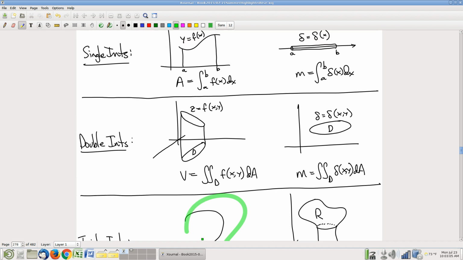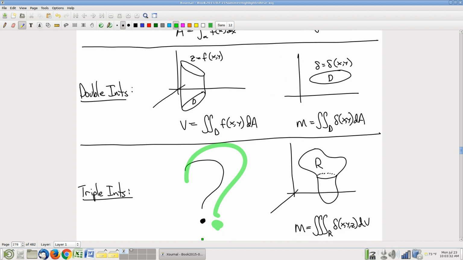Because if we're viewing single integrals with a two-dimensional picture, one-dimensional integral, two-dimensional picture, and we're viewing double integrals with a three-dimensional picture, it stands to reason that a triple integral you would expect to require a four-dimensional picture. And I can't even fake it. I can't even pretend that I can draw or visualize that kind of a picture. Right? So this is a problem. It's a very serious problem.